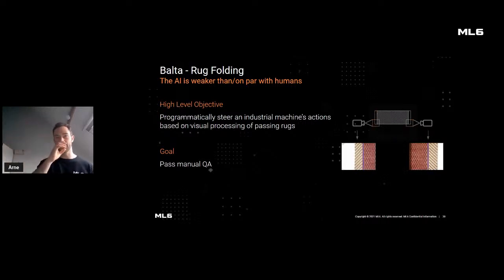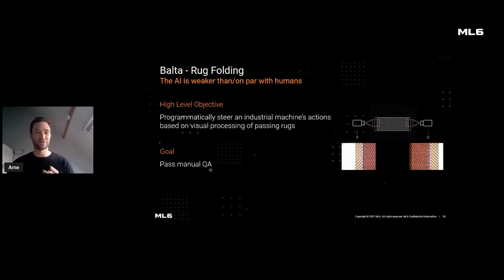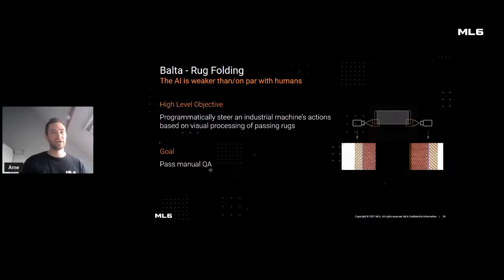And you can see on the animation, the correct line here is in blue. But there's a large variety of rugs, many different fabrics, patterns, colors. So this is a real challenge to create a model that really accurately can detect this in all cases. The goal of this process here is to then pass a manual quality assurance and quality inspection.